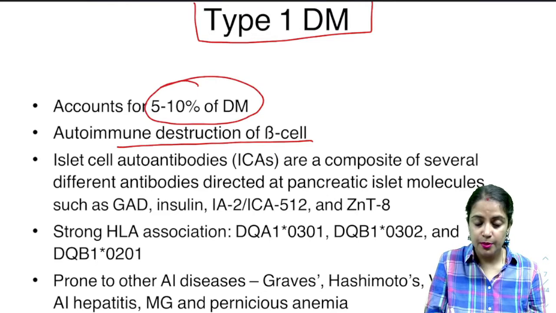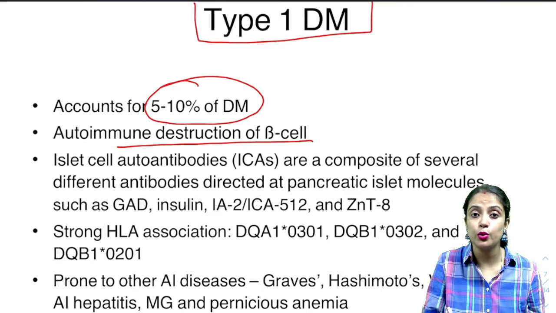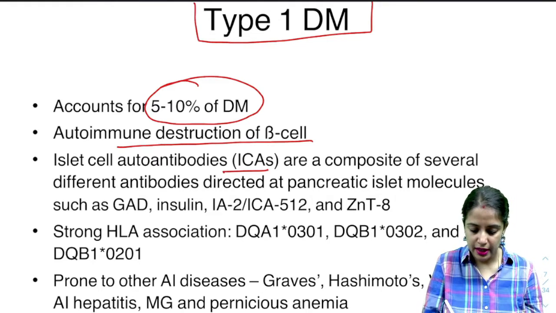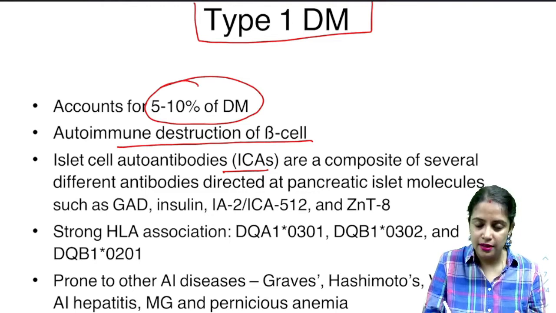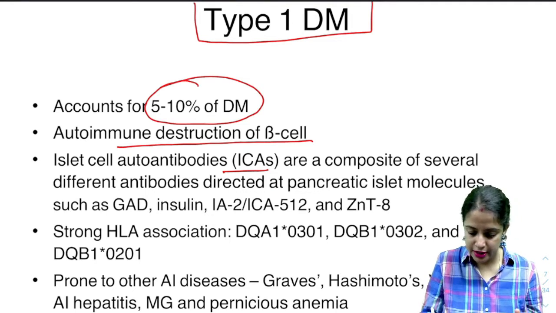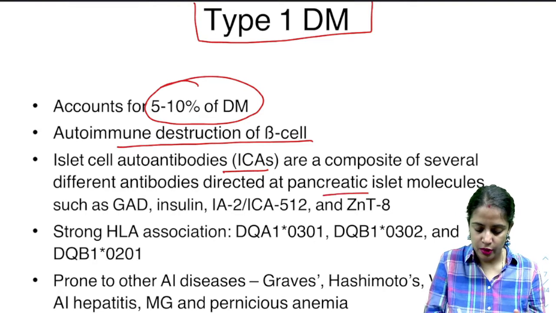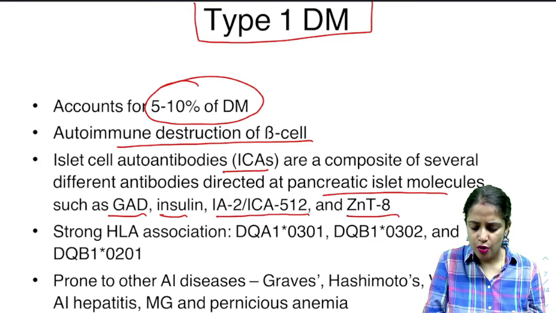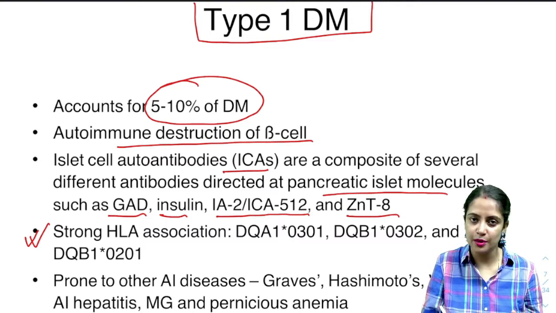There will be presence of islet cell autoantibodies, since it is an autoimmune process. They are directed against different pancreatic islet molecules such as GAD, insulin, IA2, ICA512, and zinc transporter 8. There is strong HLA association in type 1 diabetes.